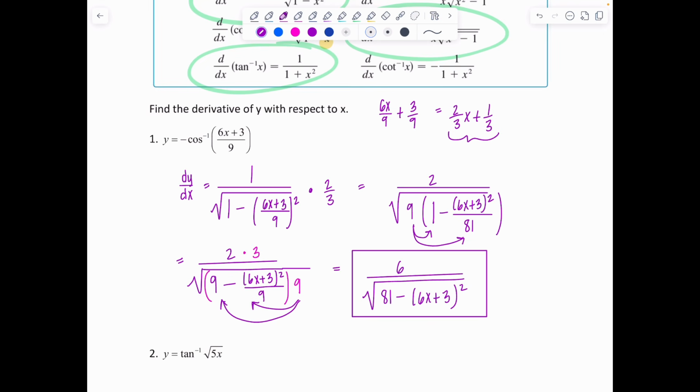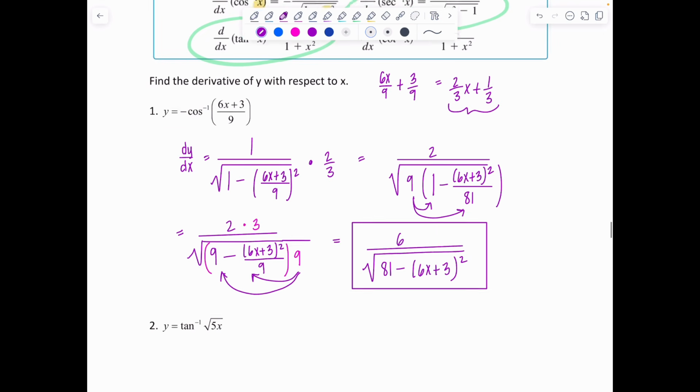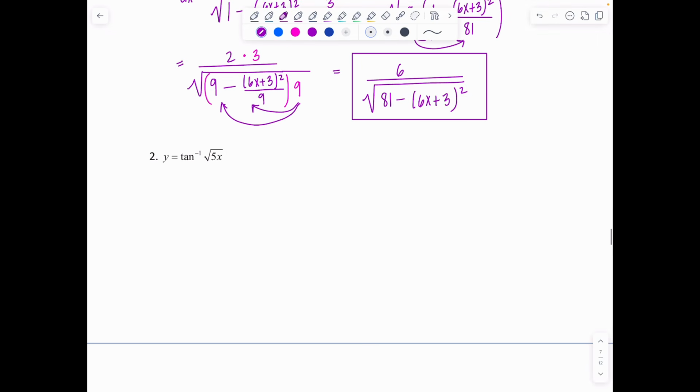All right, next one. y equals tan inverse of the square root of 5x. Okay, think of it more like tan inverse of square root of 5 times square root of x. That's just a constant. So derivative of tan inverse something is 1 over 1 plus the something squared.